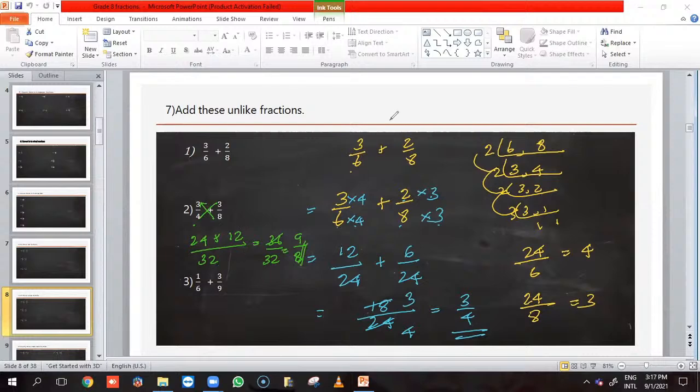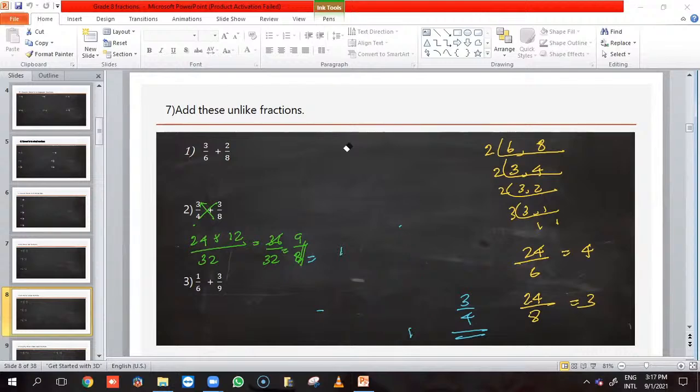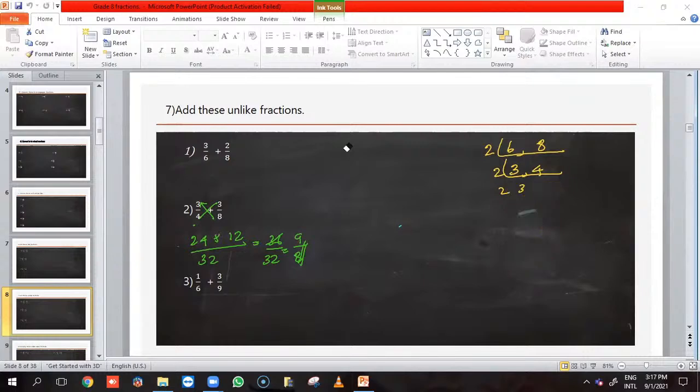And for this same sum, I will follow the second method here. Second one: 3 over 4 plus 3 over 8.